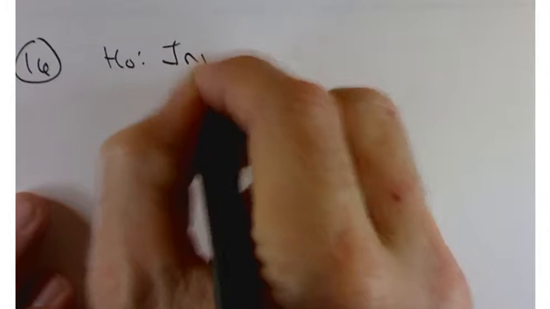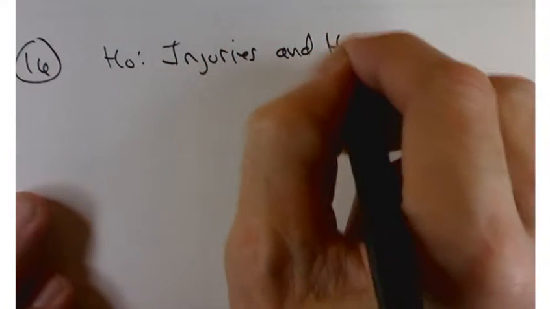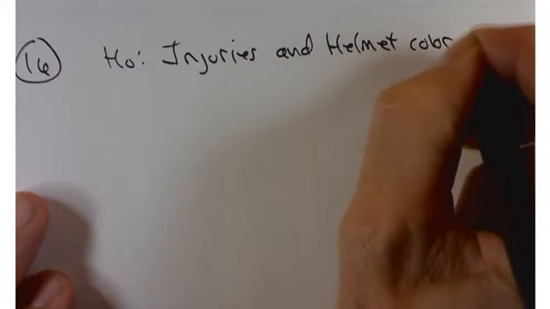Our null hypothesis is that there's no association, or that injuries and helmet color are independent.